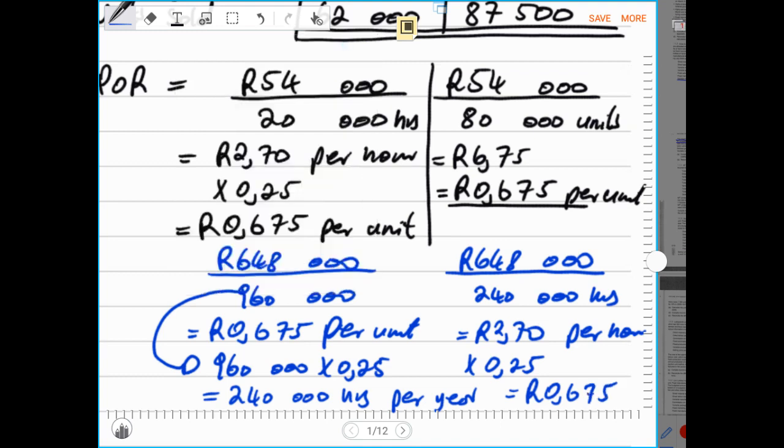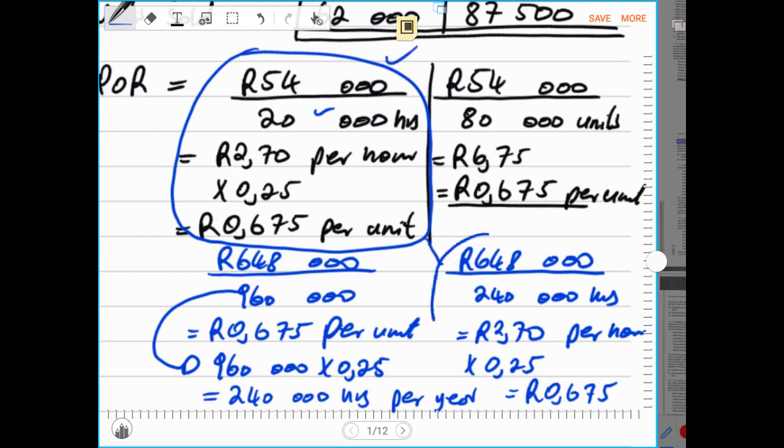Either way you do it, it does not matter, but it is very important to check what the requirement is, because remember, we are required to base our overheads on labor hours. Therefore, either you could have used this method or this method. These two methods are using labor hours, and they answer exactly the way we were required to answer. However, the other two methods are just other methods you can use in case you are not specified in terms of how to allocate your overheads.